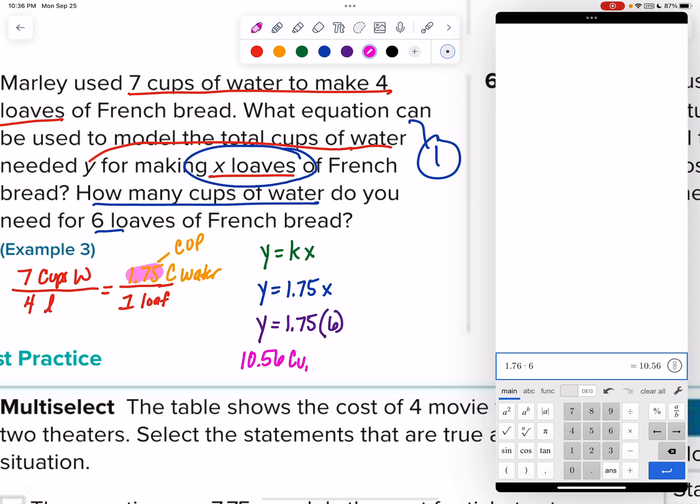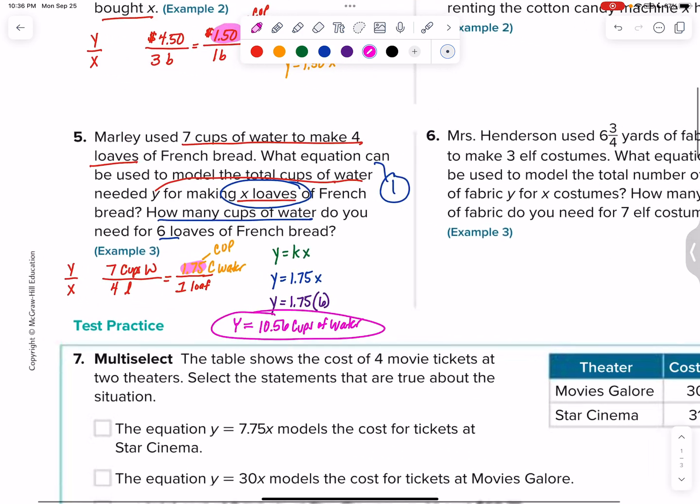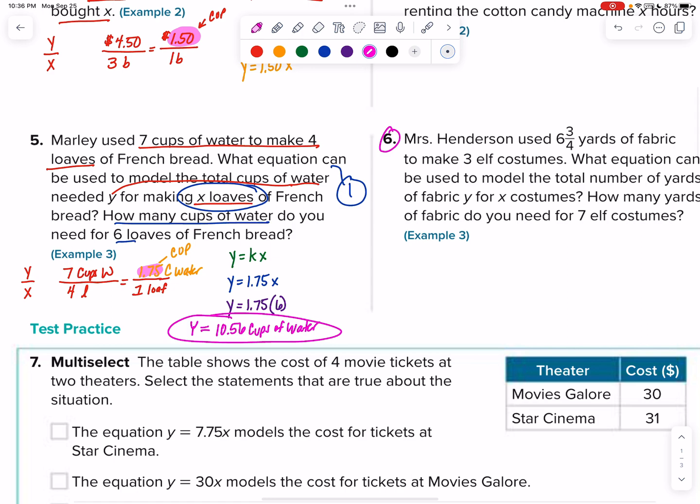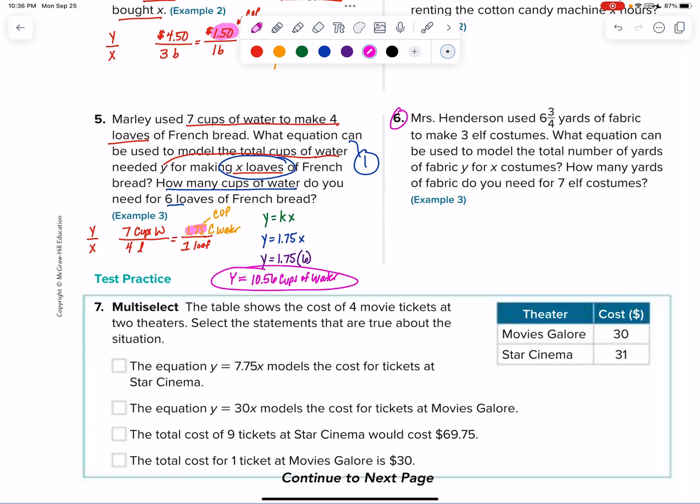That's cups of water. And so there we go. That's what y is, so we have y equals 10.5 cups of water. All right, you are going to do number 6, which is the same template and idea as number 5.